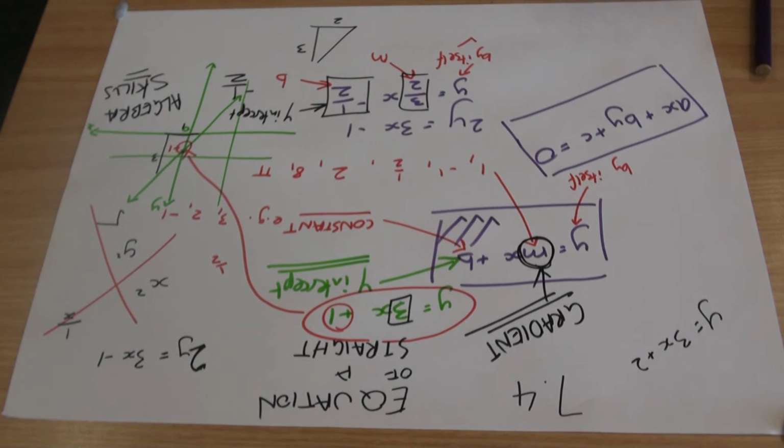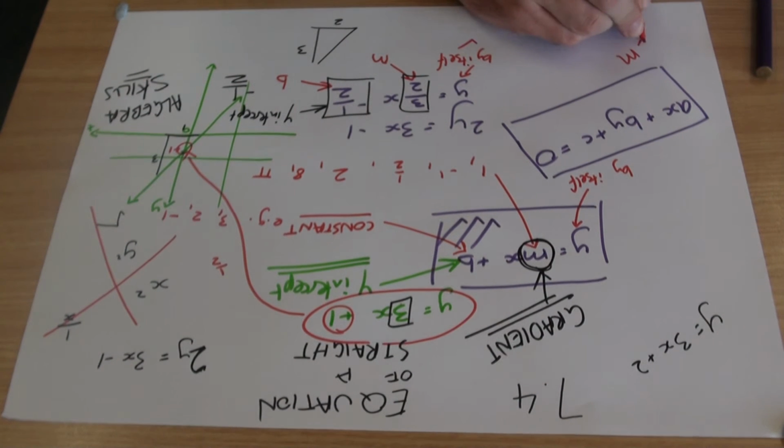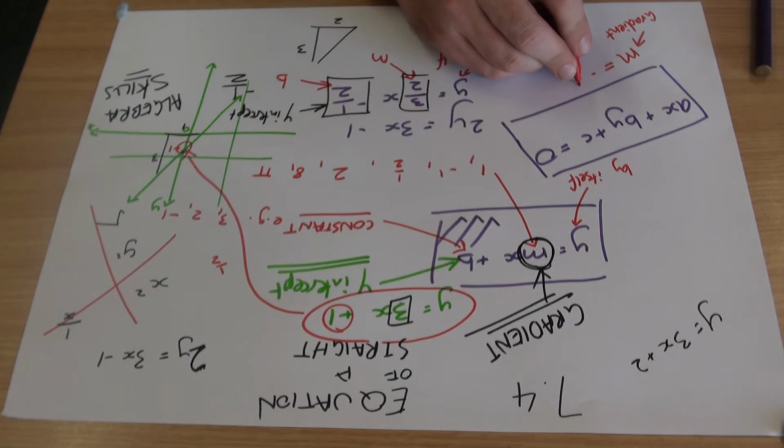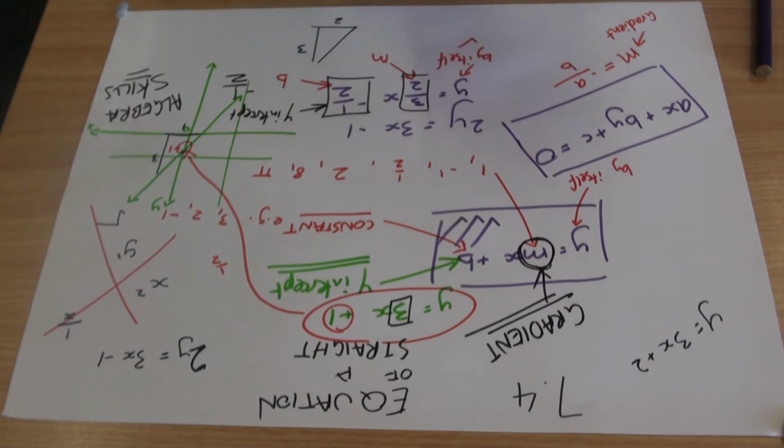If we get ax plus by plus c equals 0, then we know that our gradient, or little m as it is usually written, is going to be minus a over b.